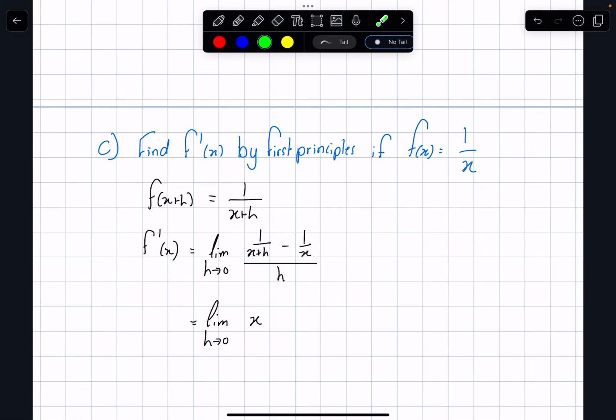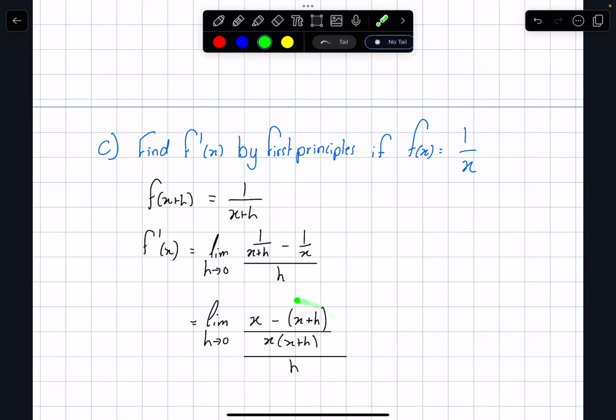Negative 1 times x plus h, so minus 1 times x plus h, that bracket is really important, all over x times x plus h, so my 2 denominators, and that is still all over h.